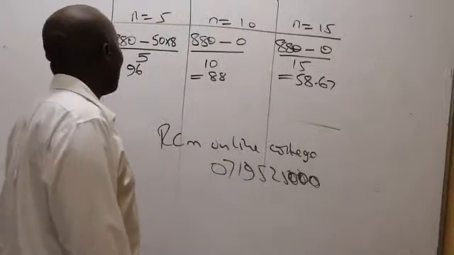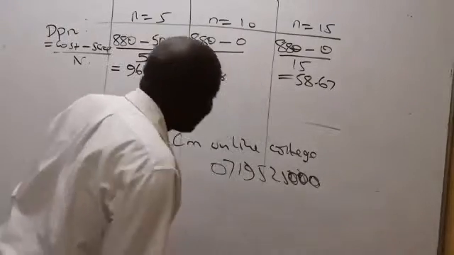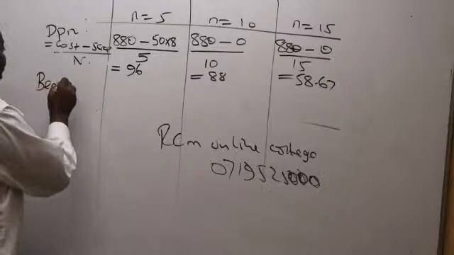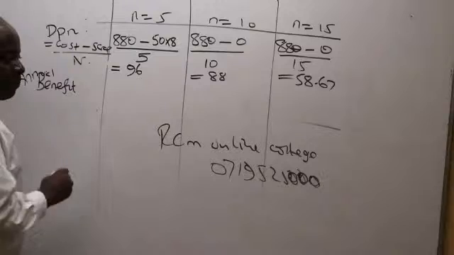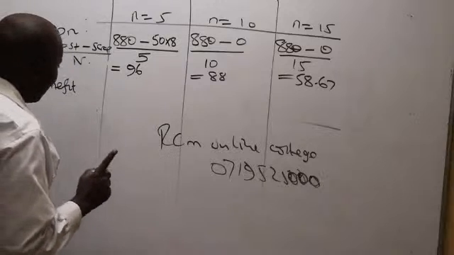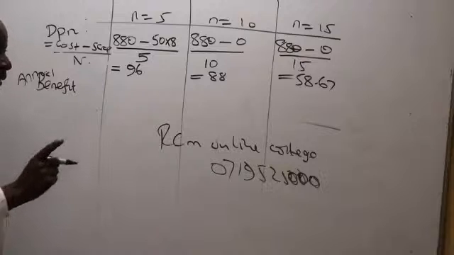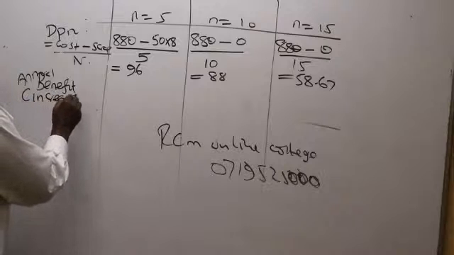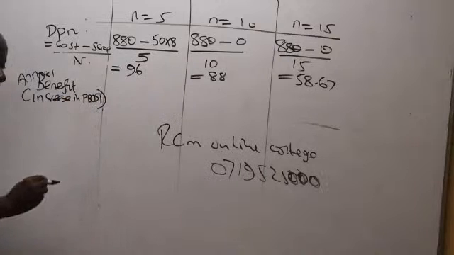Now, after that, ladies and gentlemen, I'll simply look at the benefit. What is the benefit of bringing these machines on board? The annual benefit. Our profits will increase: an increase in profit before depreciation and tax.